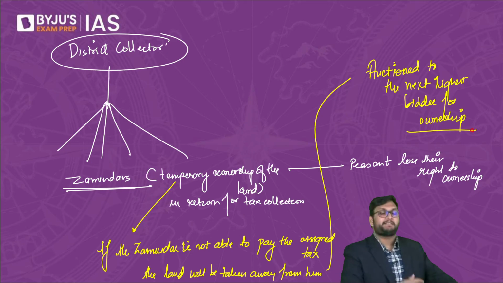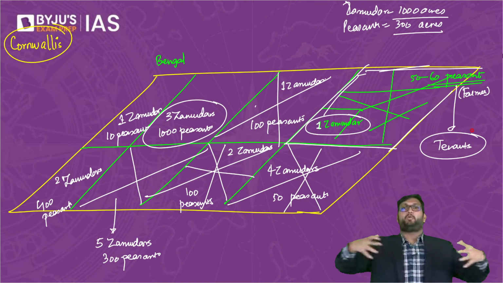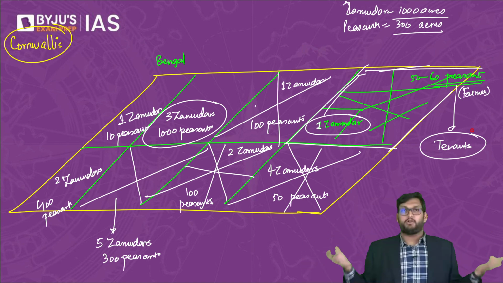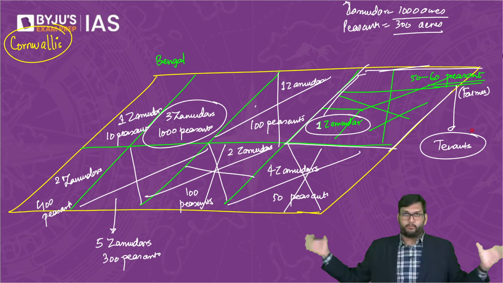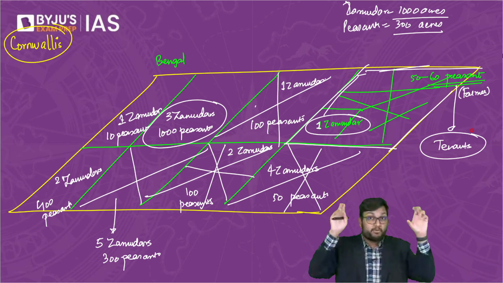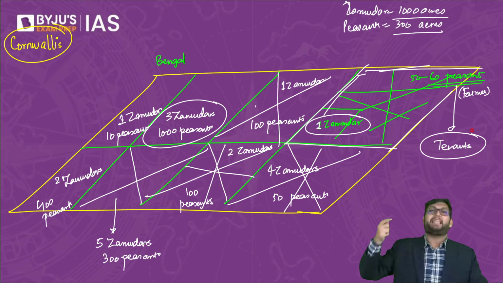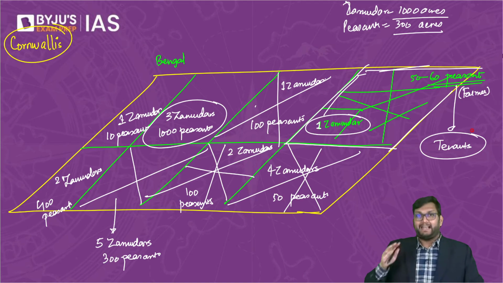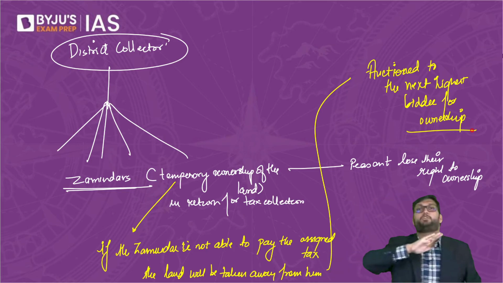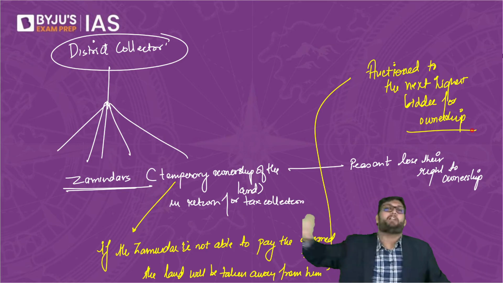The simple point is, there is a whole plethora of zamindars and peasants in Bengal. Cornwallis says, why go with so many of them? We'll go to the zamindars. Let us give them an ownership illusion. They will collect tax for us, and peasants are automatically going to lose all ownership. Customary rights, all rights gone.